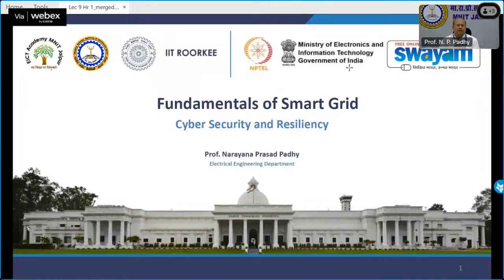Then we talk about resiliency. What is resiliency? Resiliency means a system which can come back to its normalcy after a failure or a problem. Only when you have a physical system linked to a cyber layer can it come back to normalcy quickly, because there is strong communication happening. Say a small portion of the system is islanded due to a challenge.